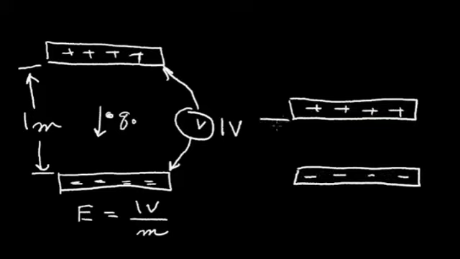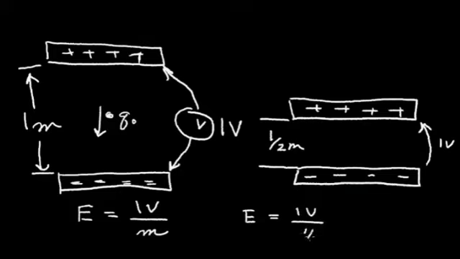So this distance now, let's say, is half a meter. And my voltage is still 1 volt. In this case, the electric field has increased. It is equal to 1 volt divided by 1/2 of a meter, which is equal to 2 volts per meter.